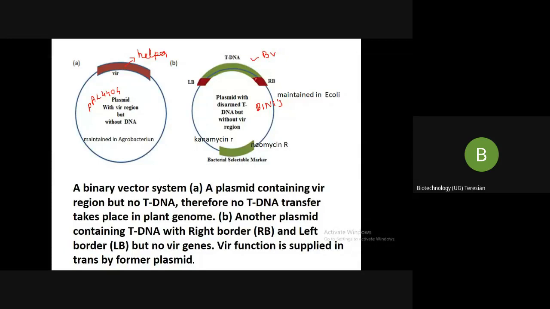And after that, they replicate the respective plasmids in the bacteria. Your binary vector plasmid, which is carrying your tDNA, is replicated or maintained in E. coli, whereas your helper plasmid, which is carrying the Vir gene, is maintained in agrobacterium.